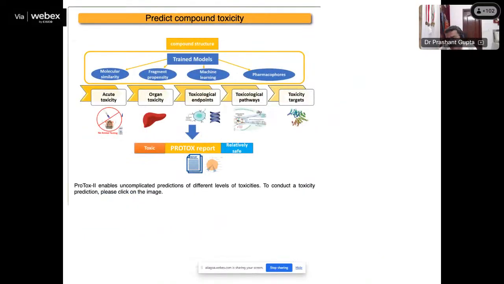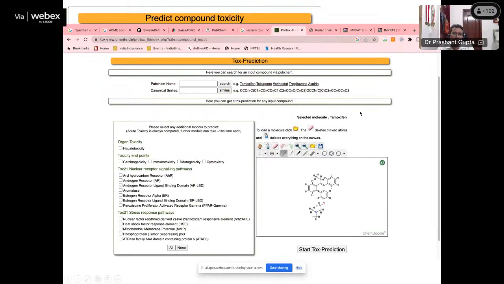Next, coming on to another type of software, which is a toxicity prediction software, where we actually do just one thing. Same, we copy that SMILES, and then just put this or a PubChem name, just searching.